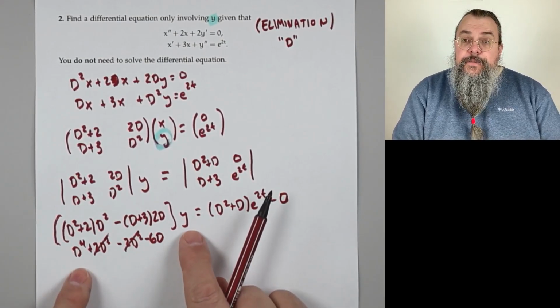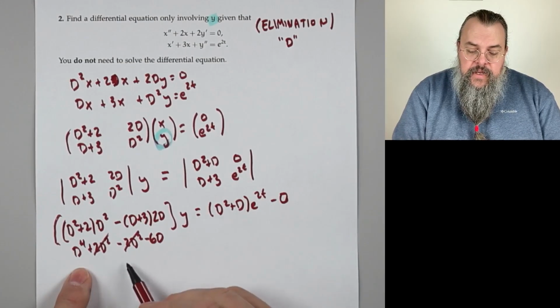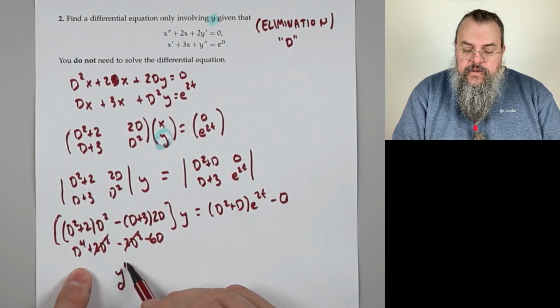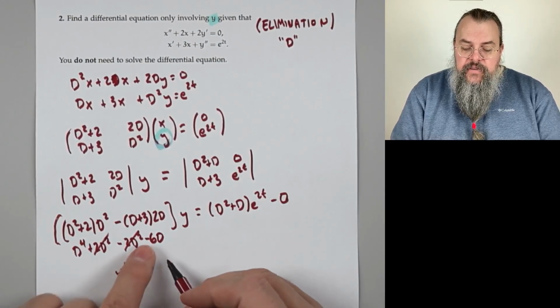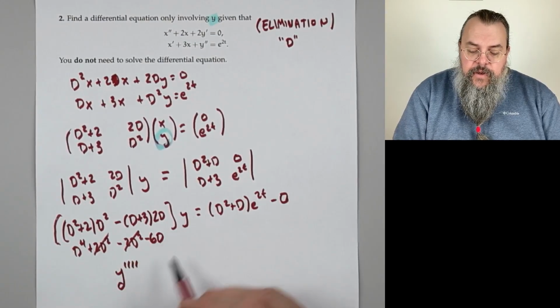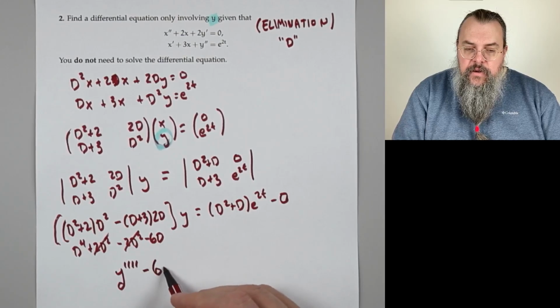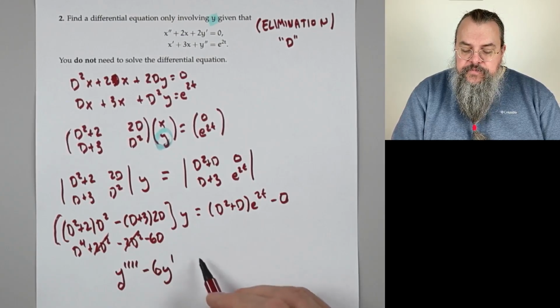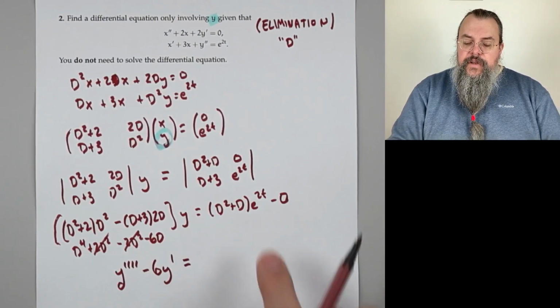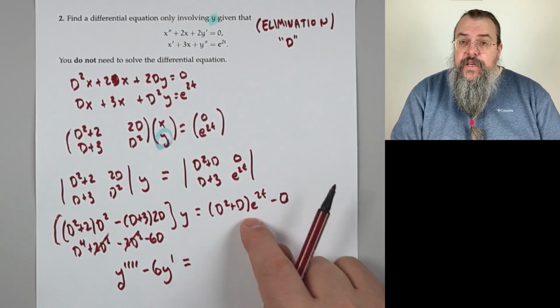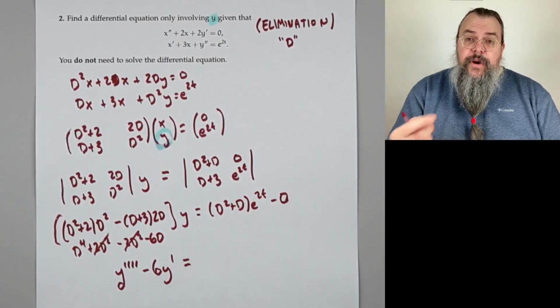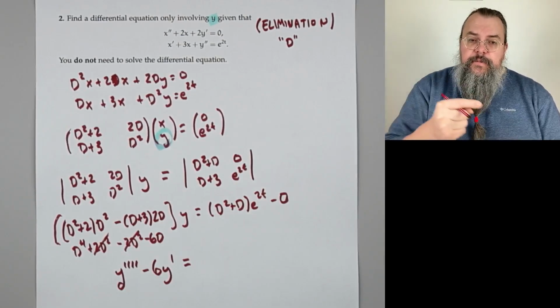So d to the 4th times y is the 4th derivative of y. We can go ahead and write it that way if we want. Minus 6d times y, so that's minus 6y prime, is equal to. Now here, if I take two derivatives of e to the 2t, I'll get 2 coming down twice. So the first derivative brings a 2, the second derivative brings a 2.